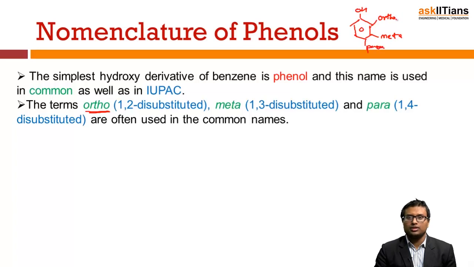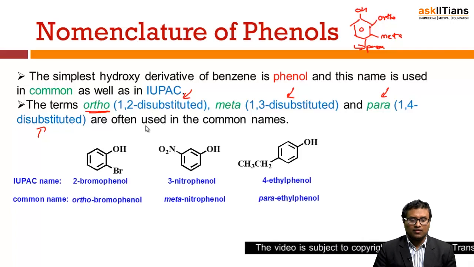So at the ortho position you may have some substituent, at the meta position you may have some substituent, and at the para position also. If it is 1,2 disubstituted, it's an orthophenol. If it is 1,3 disubstituted, it is a metaphenol, and if it is 1,4 disubstituted, it is a paraphenol. So these are the other common names for the given phenols.